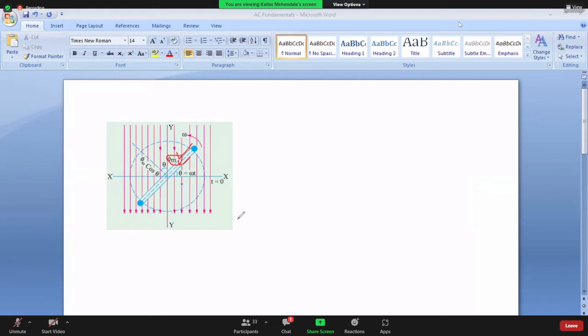Now we want to find out, what we have considered is a rectangular coil having N turns rotating in a uniform magnetic field with angular velocity omega. So I'll just write down what we have considered so far.